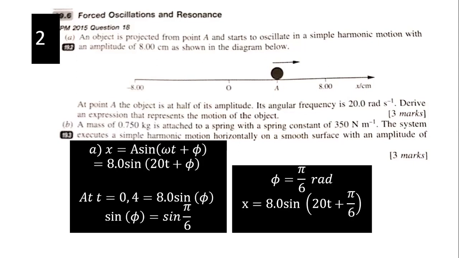So t equals 0, then 4 equals the thing, so sine phi equals 4 over 8, which is half. Half is 30 degrees, and 30 degrees is pi over 6.